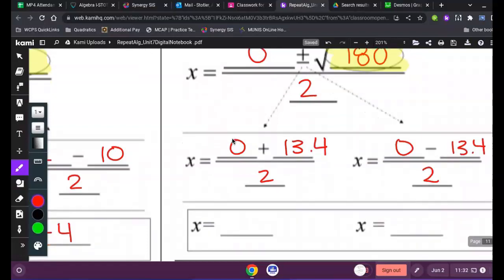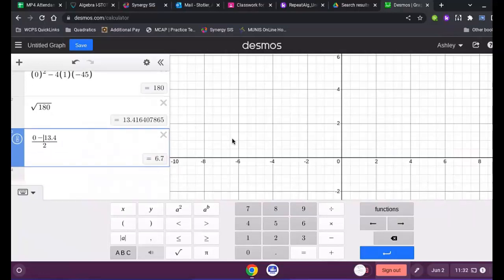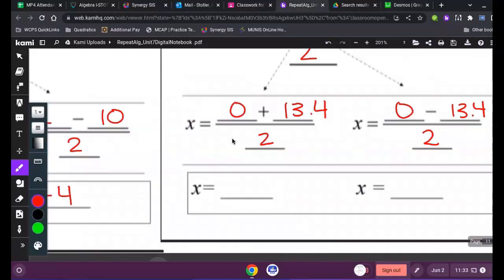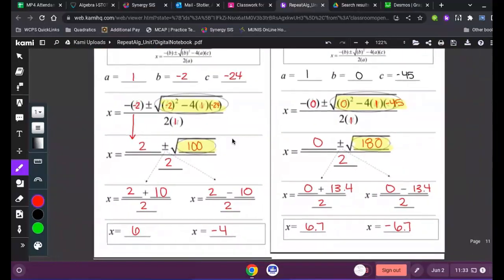So we just got to put those two answers in the calculator. 0 plus 13.4 divided by 2. So we get 6.7 and negative 6.7. So we got two solutions for all 4 examples that we solved.